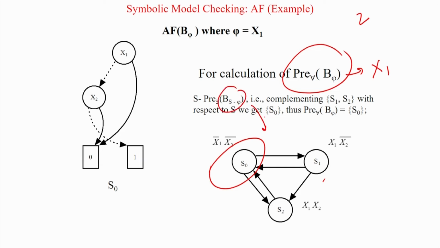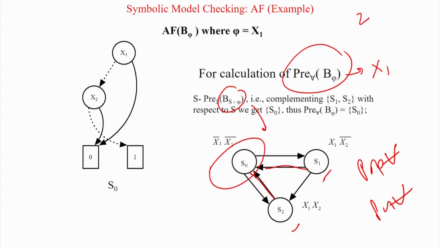Next, you try to find all the states like this one which have at least one transition to the states where x1 is false. In this case S1 and S2 will be there because there is one edge to S0. That directly implies that pre for all cannot be satisfied at S1 and S2, because they have at least one transition to a state where the value is false.